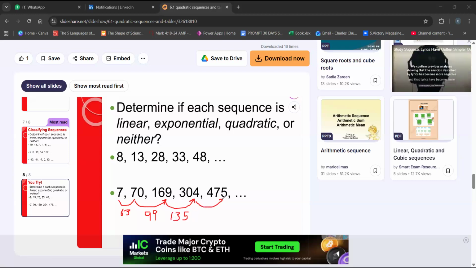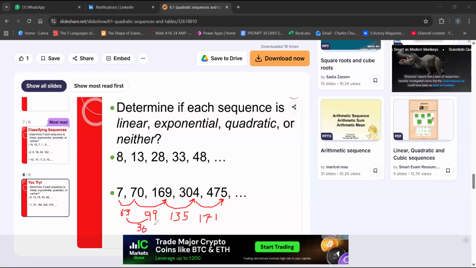Let's just do this last one. Between this one and this one, that's 171, right? Yes. Okay. So let's see. Is there any constant second common difference? 63 plus what will give us 99? 36. Okay.